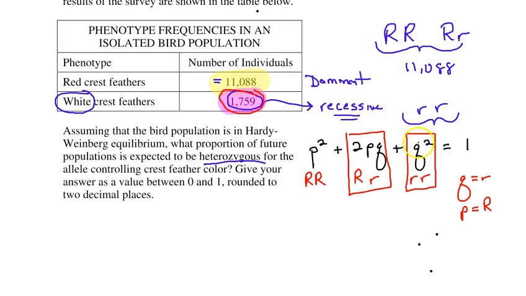So how do I get this percentage? Well, from these individuals, I know that it's a fraction. So what I do is I do part over total. So I'm going to take the white crested feathers, which are 1,759, and I'm going to divide that by the total, which is going to be 11,088 plus 1,759.